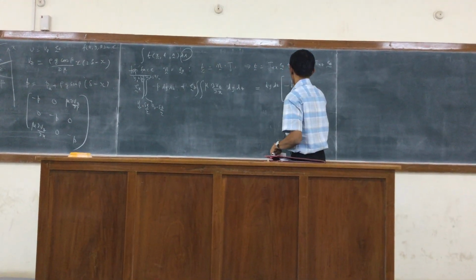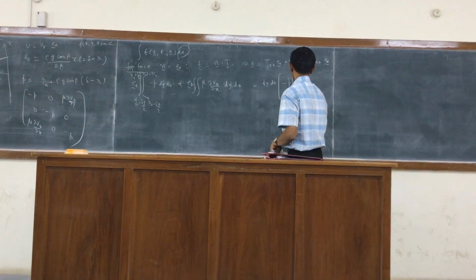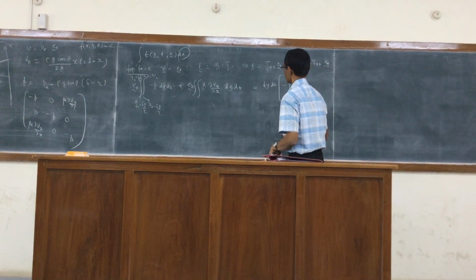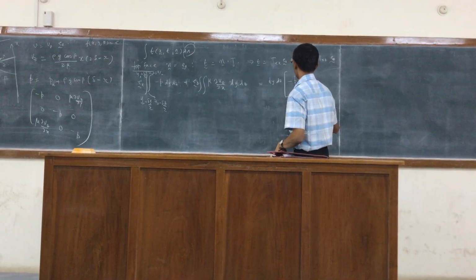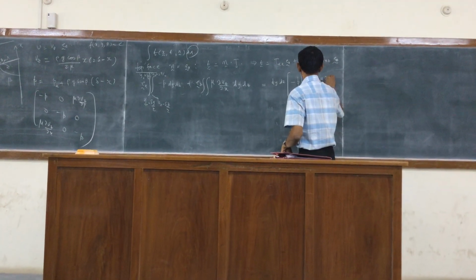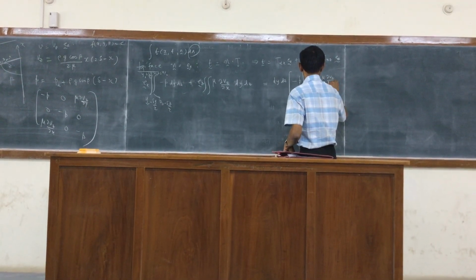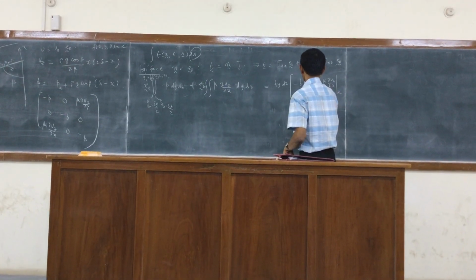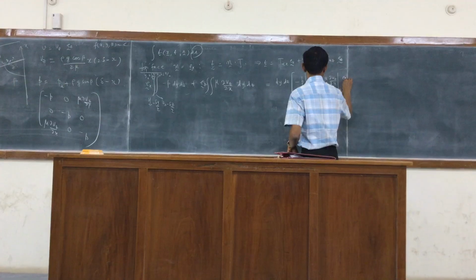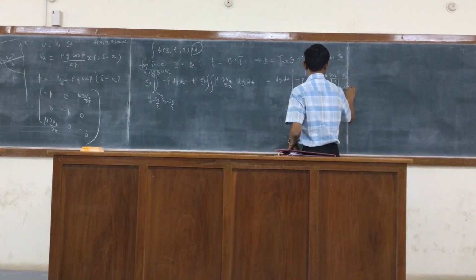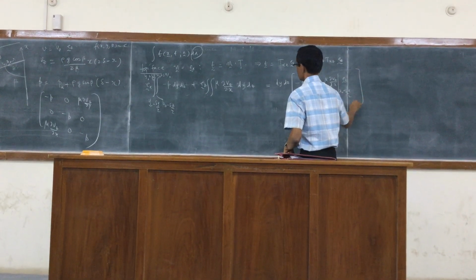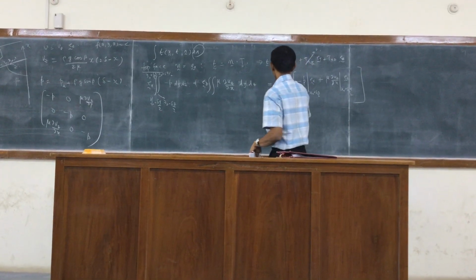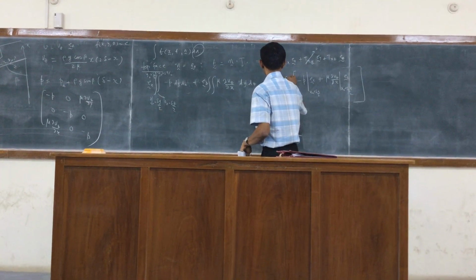So we have minus p evaluated at x0 plus delta x by 2, right? And then plus mu dv_z/dx evaluated at x0. This would be the e_x component. This would be the e_z component also. This is delta y delta z.